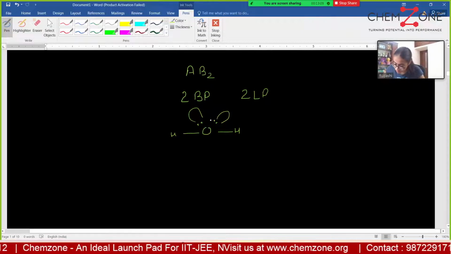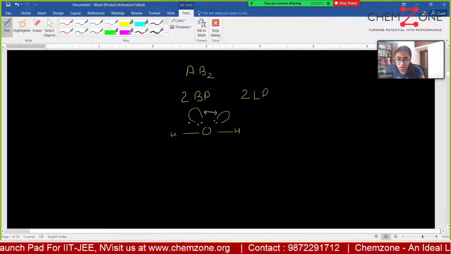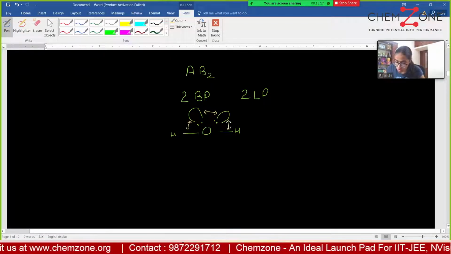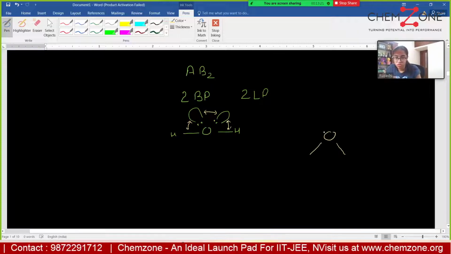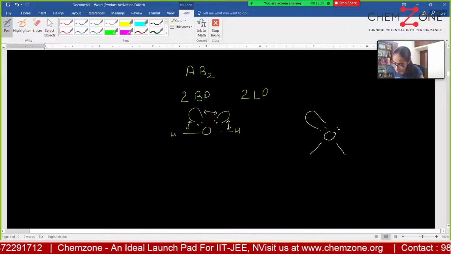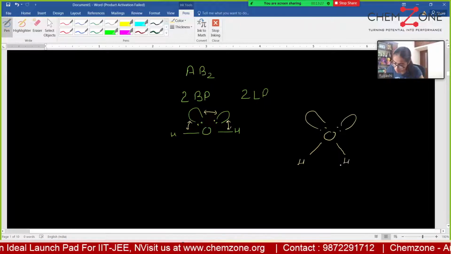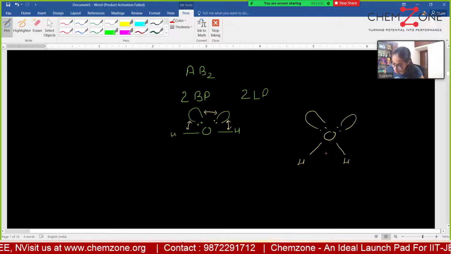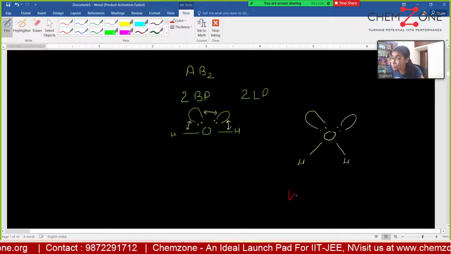These lone pairs will repel each other, and the lone pair will repel the bond pair also. As a result, the bonds will come closer, and the lone pairs also repel each other. The shape is again V shape or bent shape.